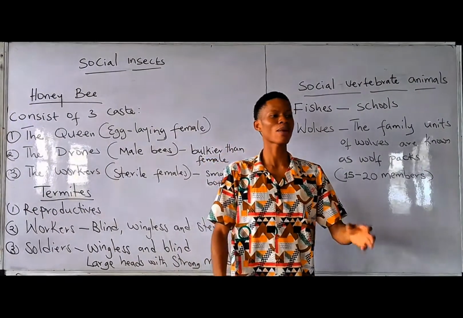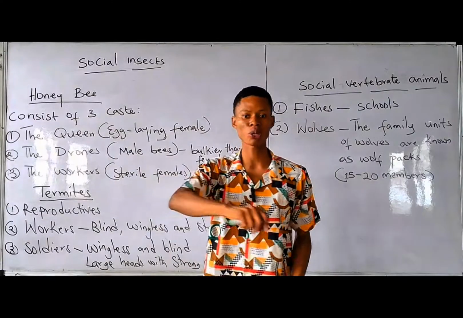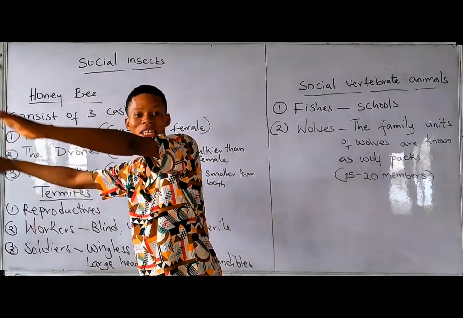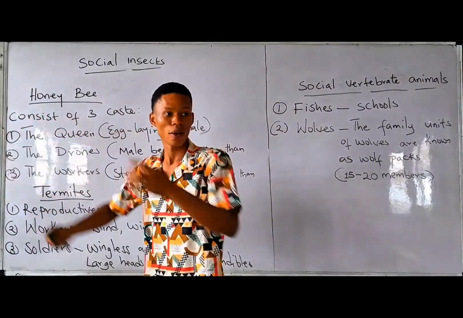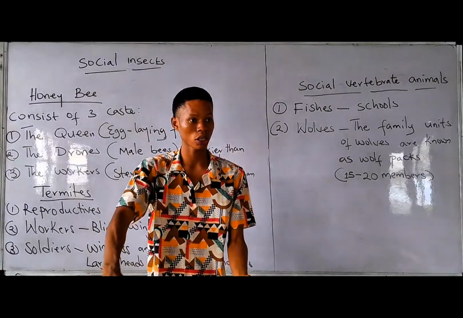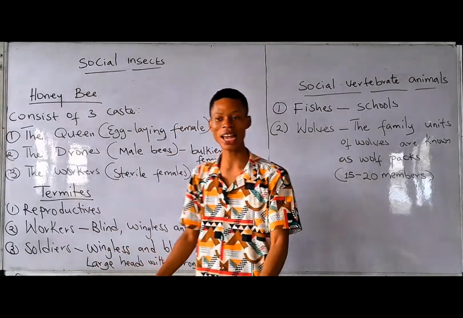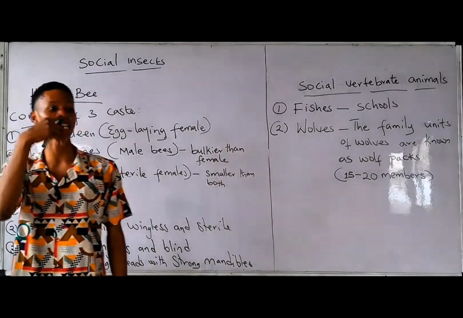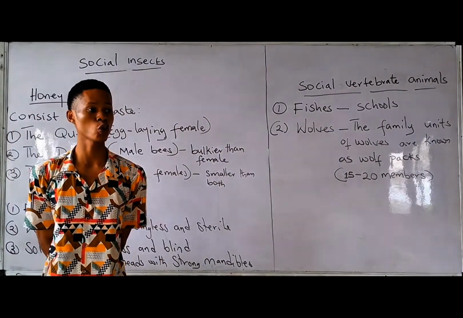In fact, if you see termites moving, just observe, you see the ones by the side. The soldiers are always by their side, guiding them with big heads. If you notice, the ones by their side are always bigger than the others. They are blind though. So as you are passing, they are not seeing you, but they can sense you.